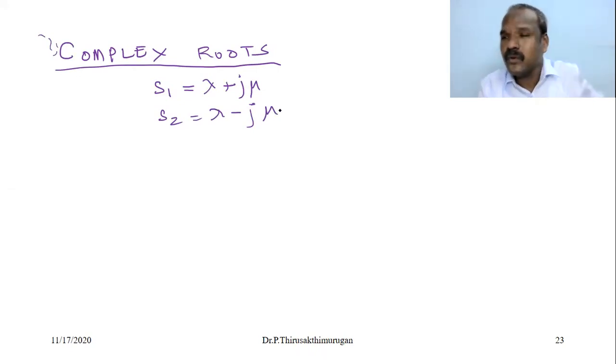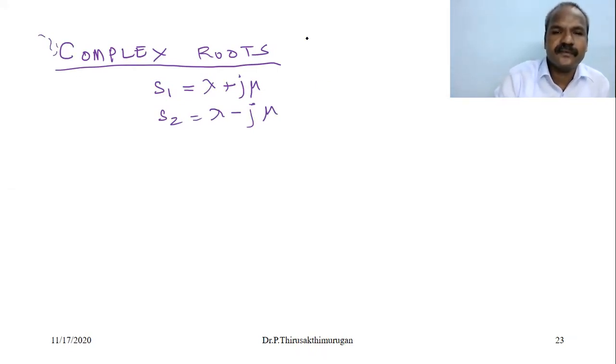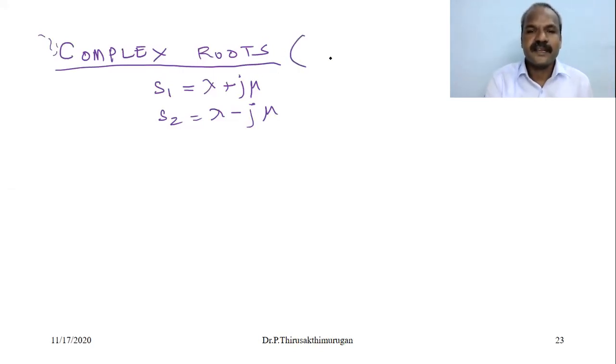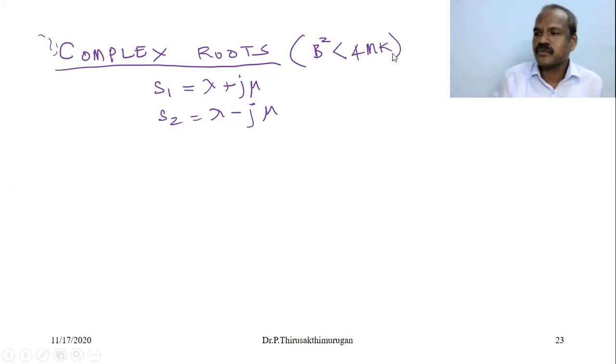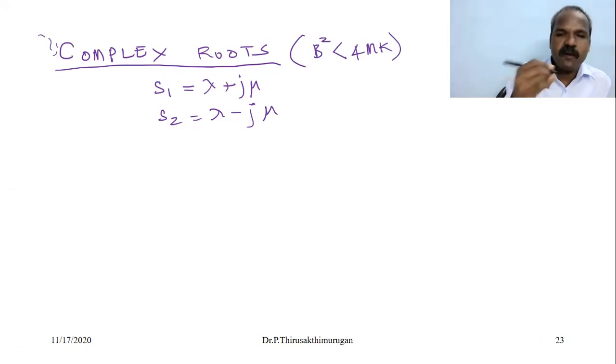So when the characteristic equation has complex roots, when the condition b square is less than 4mk, for such complex roots, what is the solution?